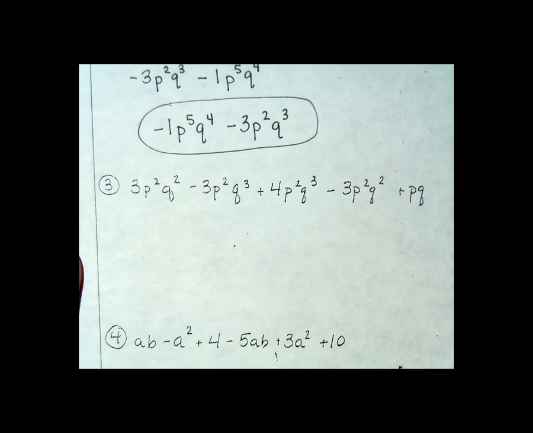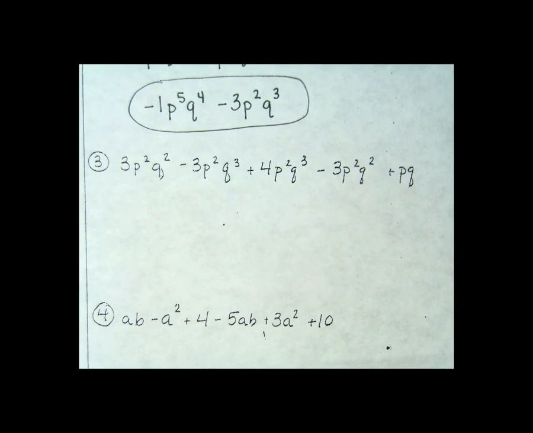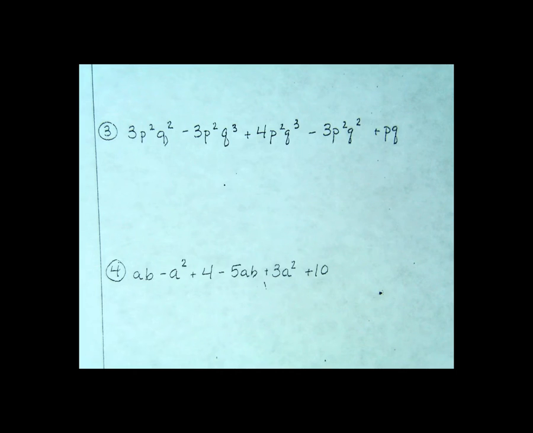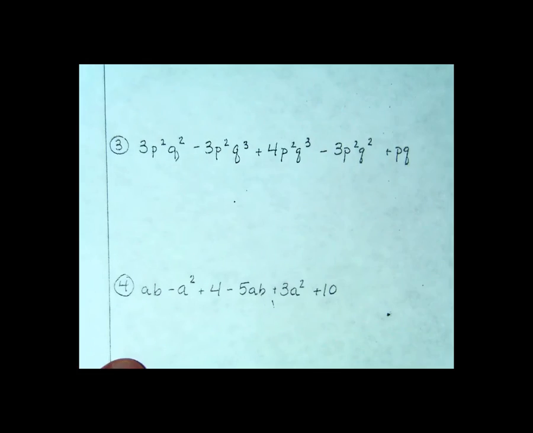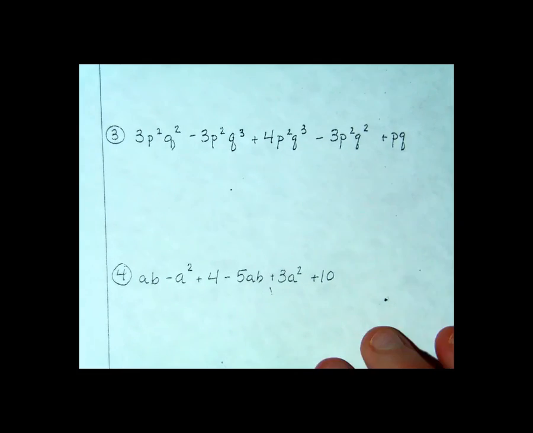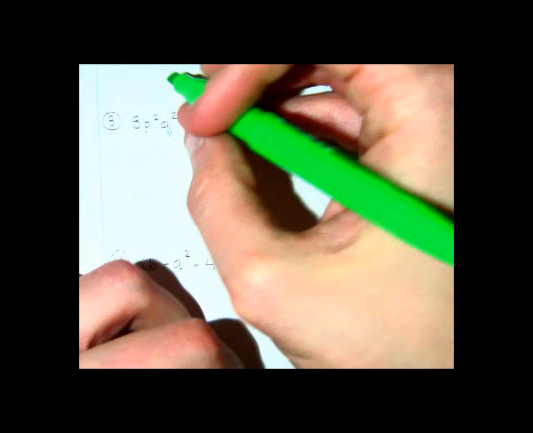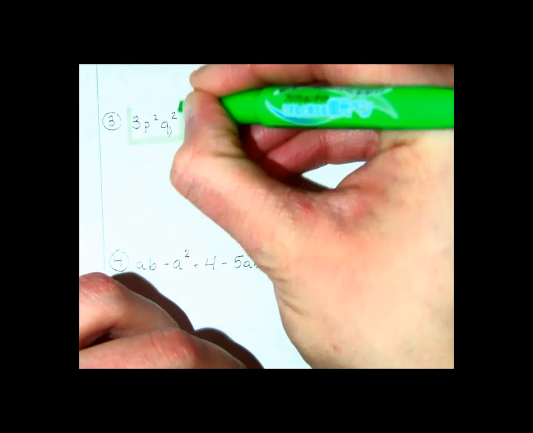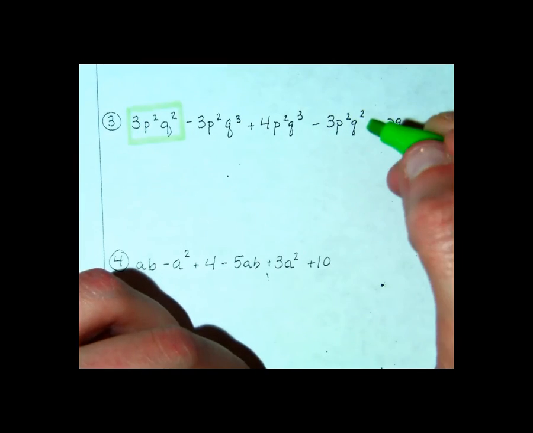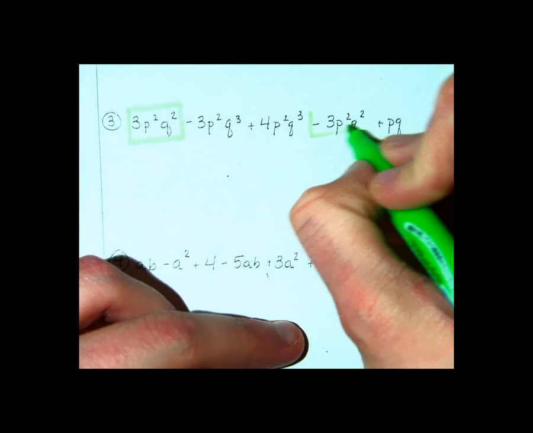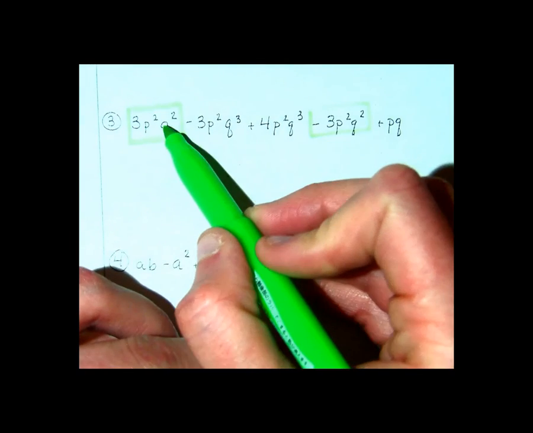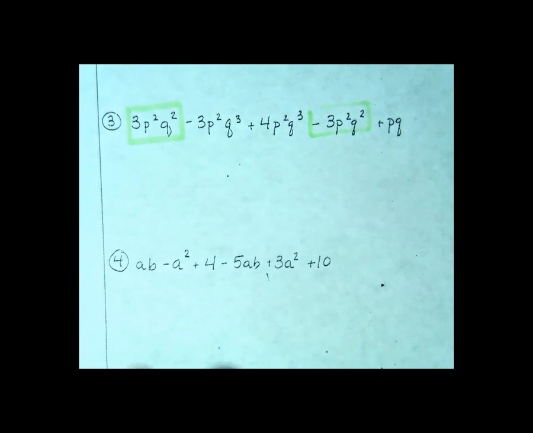I want you guys to try 3 and 4. Alright, so these last two questions, 3 and 4, how or what did you group together? Okay, the first one you got p squared q to the second, and what else? Okay, because you got p second, q second, p second, q to the second. Alright?